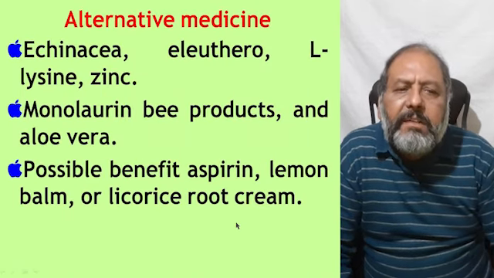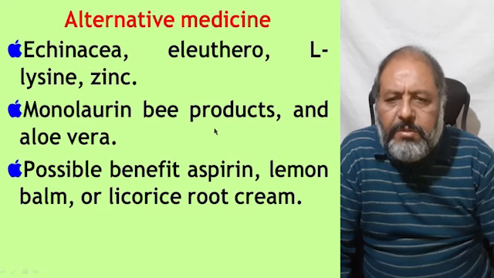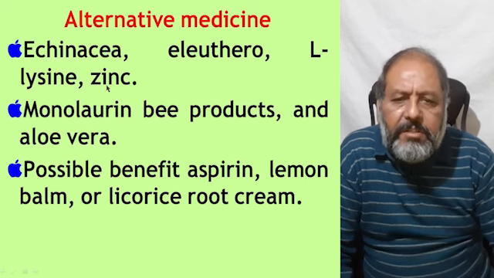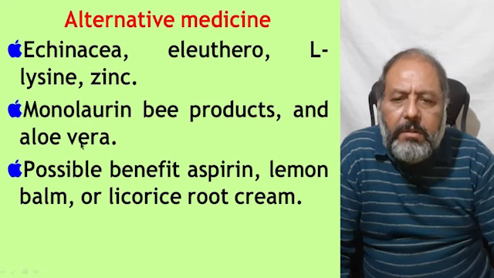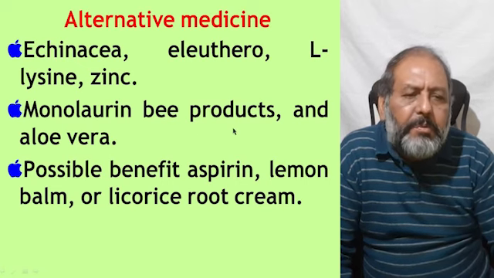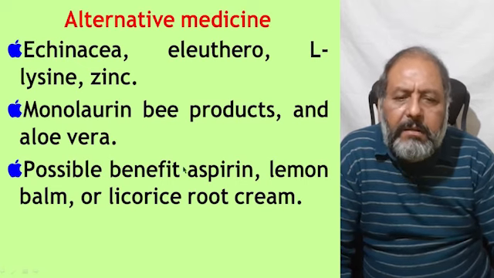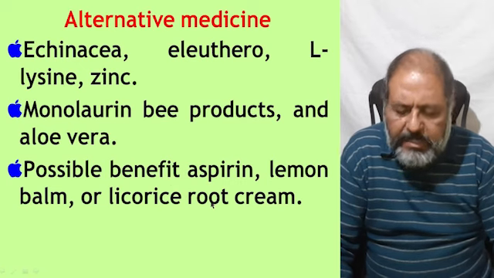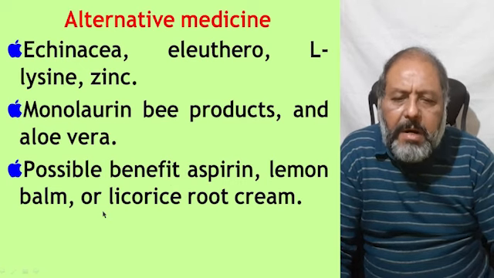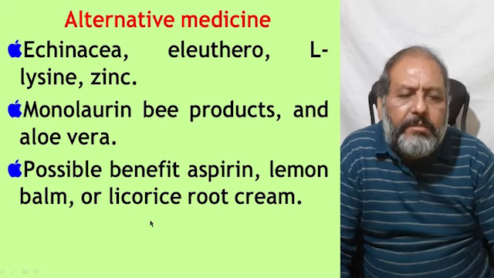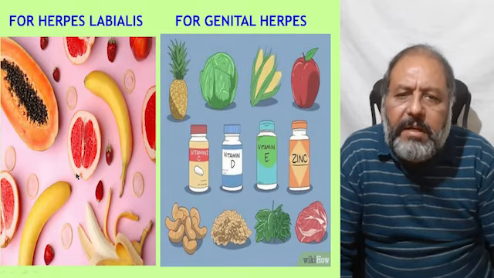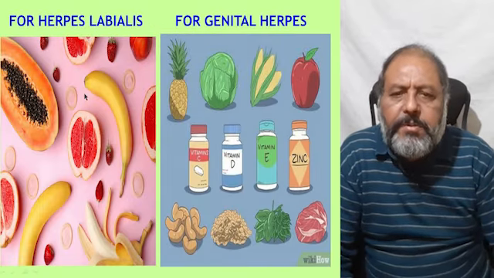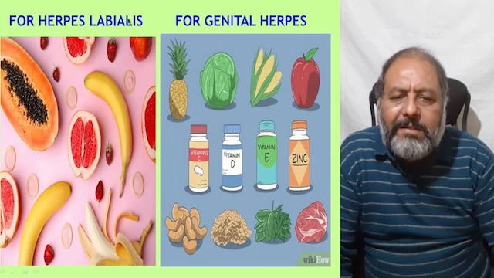Now, the alternate medicine which can be used includes echinacea, eleuthero, L-lysine, zinc, monolaurin, bee products, and aloe vera. Possible benefits with aspirin, lemon balm, or licorice root cream have been seen. So these are the products which can be used for herpes labialis.